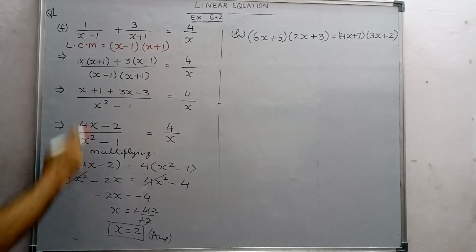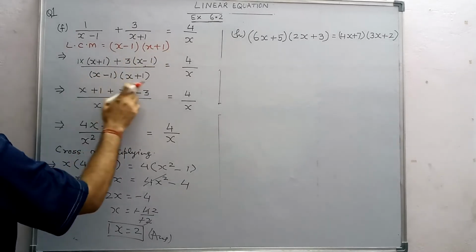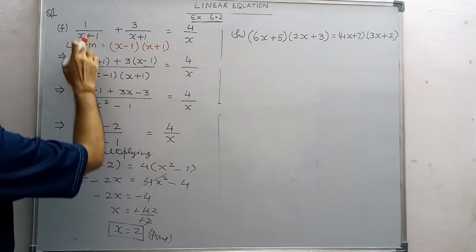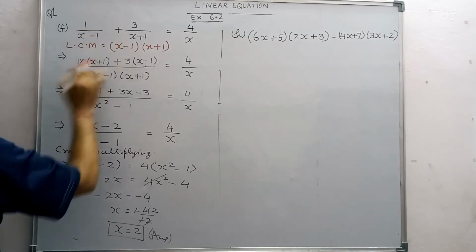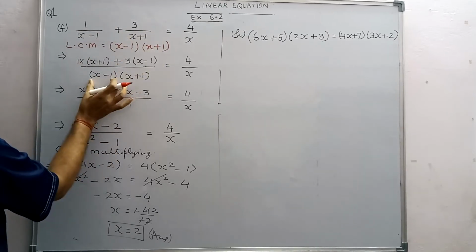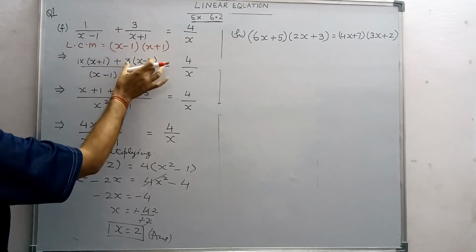So when you take the LCM here, x minus 1 is here, so x plus 1 is left. So you have to multiply the numerator by x plus 1. Similarly here x plus 1, x minus 1 is left, so you have to multiply 3 by x minus 1.